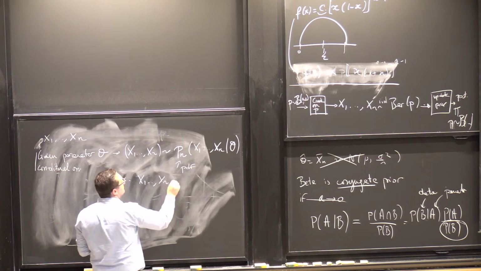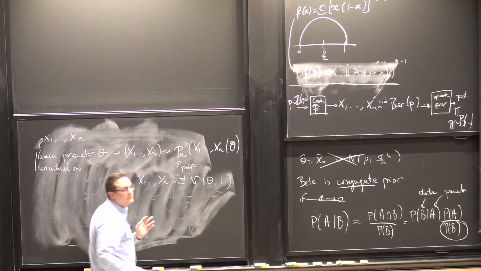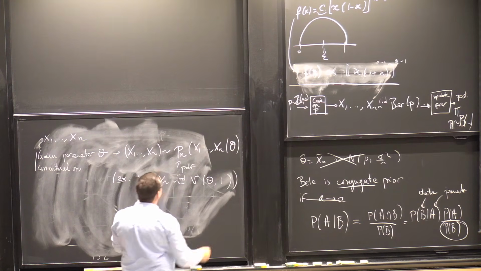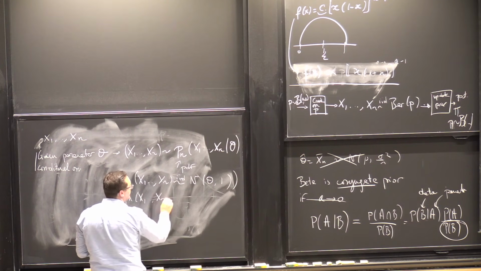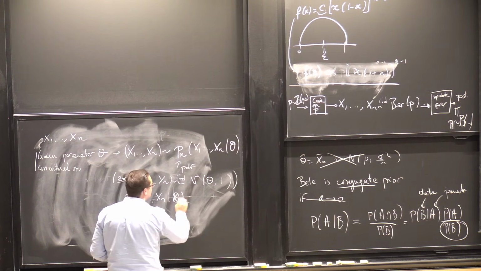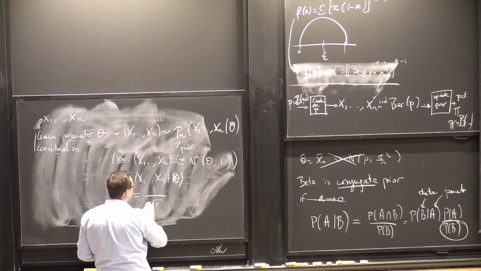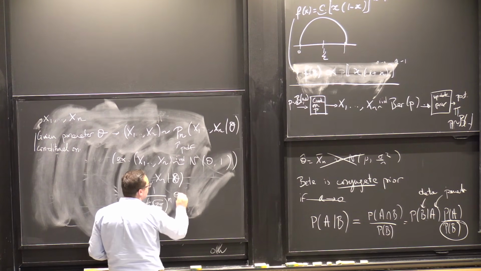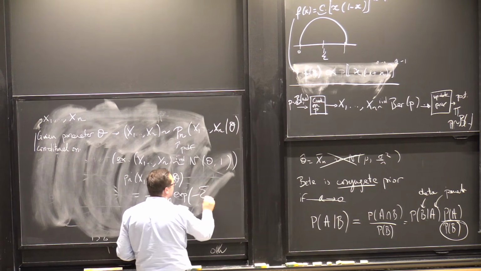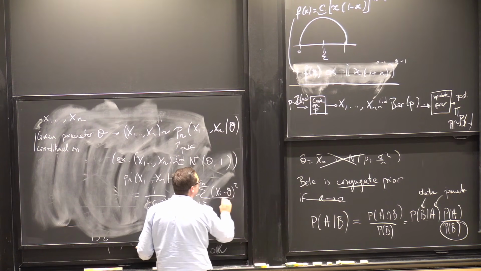x1, ..., xn are IID N(theta, 1). So now I know exactly what the joint PDF of this thing is. That means that Pn of x1, ..., xn given theta is equal to 1 over root 2 pi to the power n, times e to the minus the sum from i equals 1 to n of (xi minus theta) squared divided by 2.